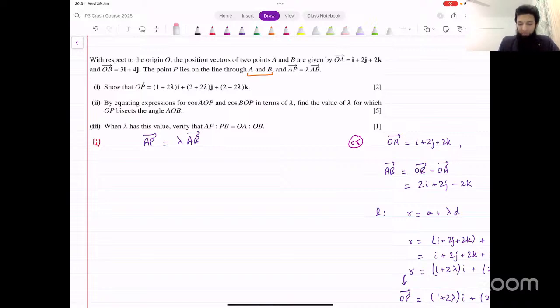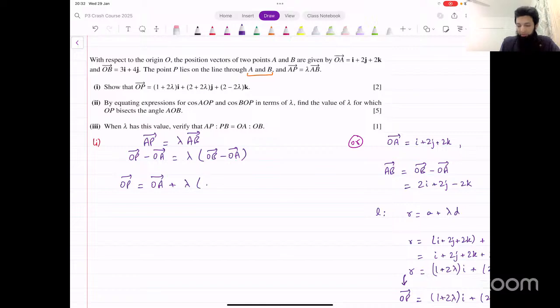AP can be written as OP minus OA. We can do that, right? And then AB can be written as OB minus OA. Now we want OP as the subject, right? Let's keep OP on the left side and take everything else to the right side, and you have OP equal to OA plus lambda times OB minus OA.